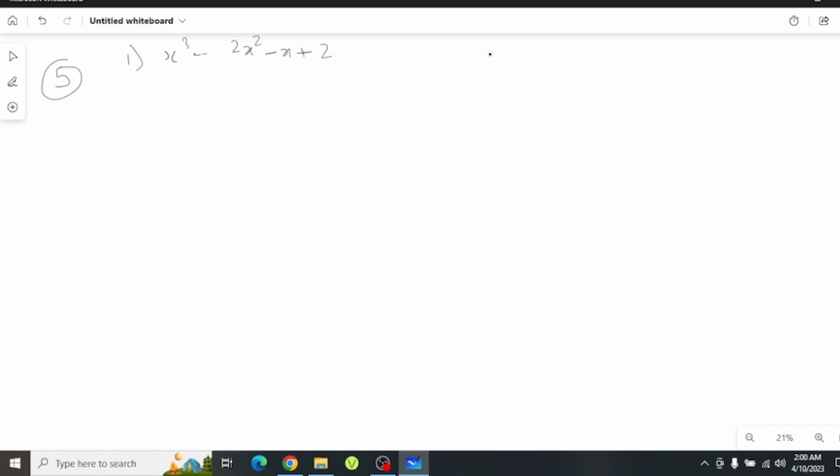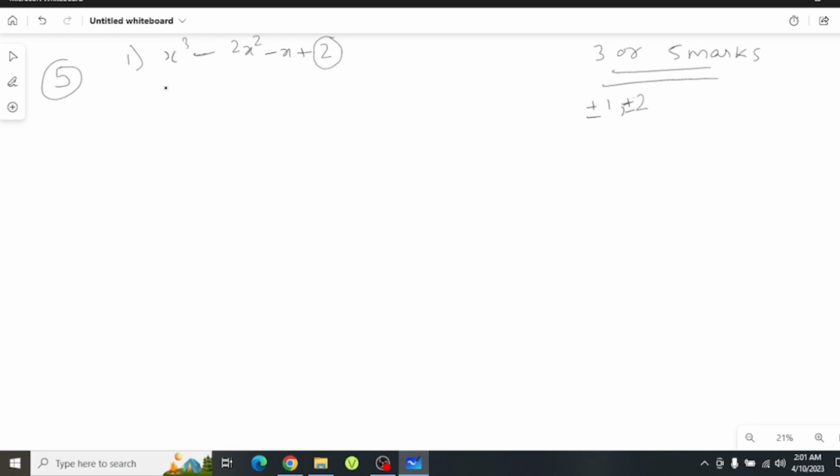In exams generally you will see this question in 3 or 5 marks. So in this question what we have to do, we have to find out the factors of this constant number. So the factors are 1 and 2, and we will take plus and minus both.